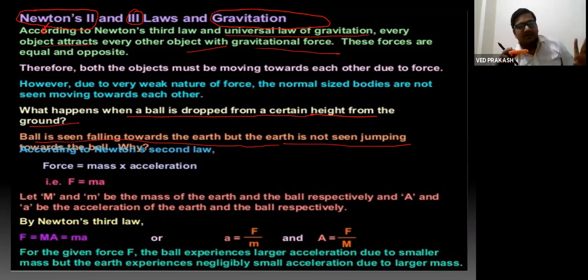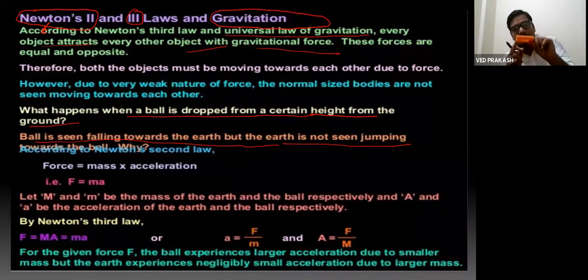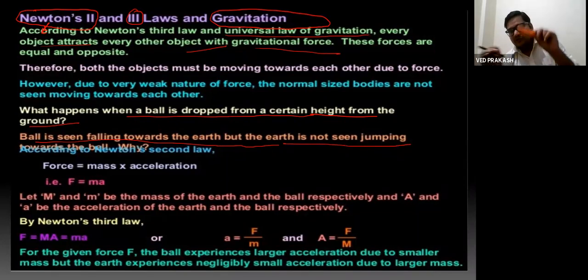Because the Earth has a greater mass in comparison to the mass of this object. That's why, although the same force acts between them, this object is falling towards the Earth, but the Earth is not moving towards this object. The same situation arises when an apple is falling towards the earth from a tree, but the earth is not moving towards the apple, because this mass is lighter in comparison to the mass of the earth.